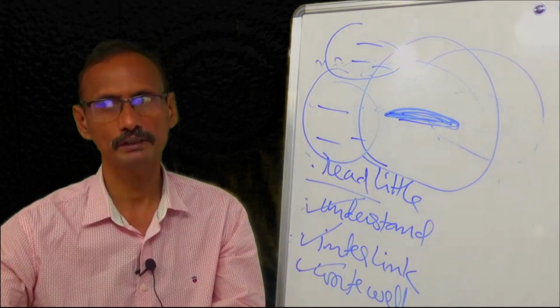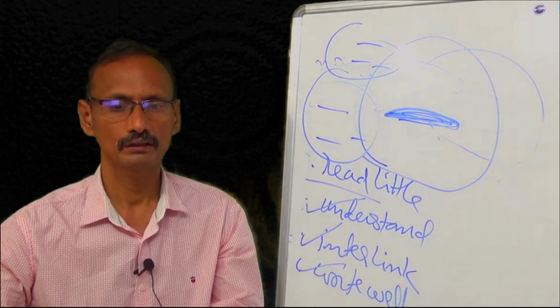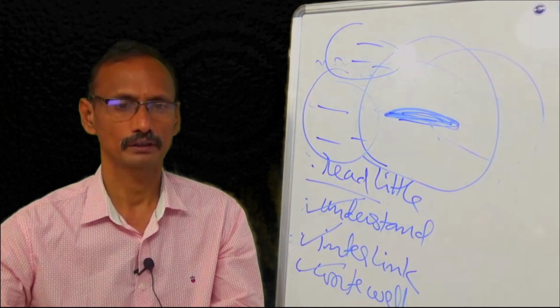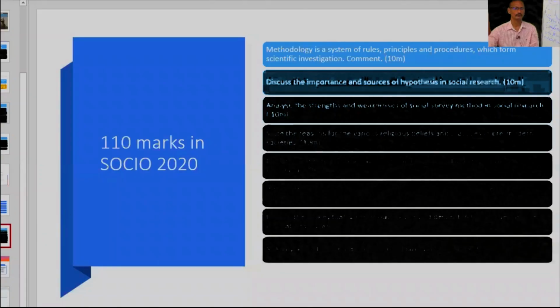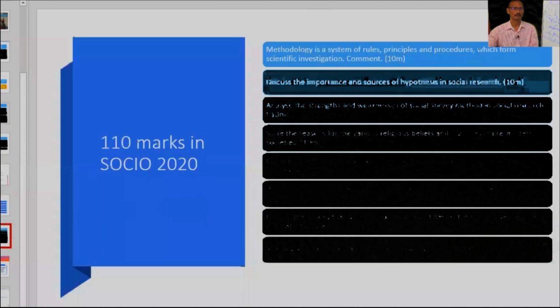So this is my method, and I wrote the book based on that method only. Okay, so this is the sociology syllabus covered. Paper 1, research methods, systems of kinship, religion and society. 110 marks in sociology.